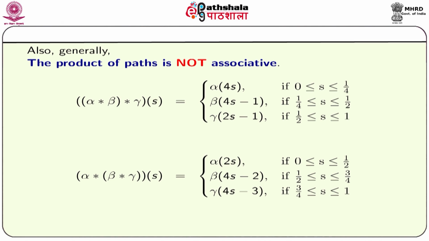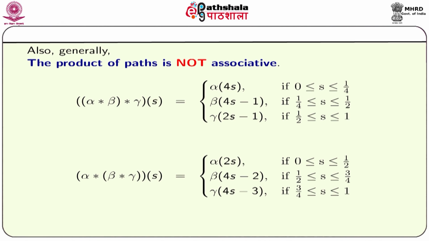On the other hand, if we want to find alpha star (beta star gamma), then the interval [0,1] is broken up into two parts, 0 to half and half to 1. In the first half, it should obey the rule of alpha, and in the second half, from half to 1, it should move as beta star gamma.